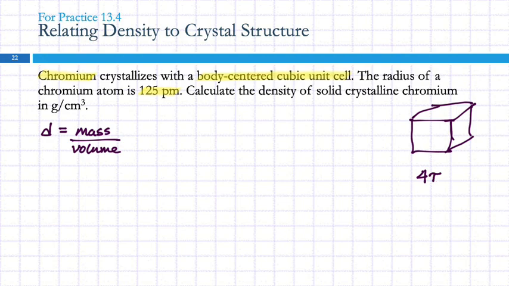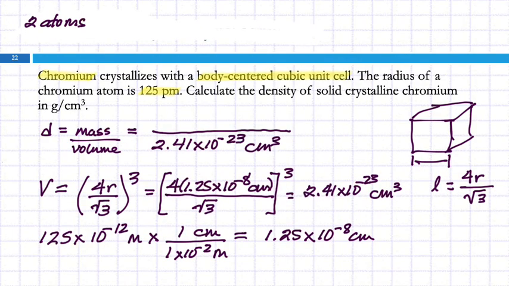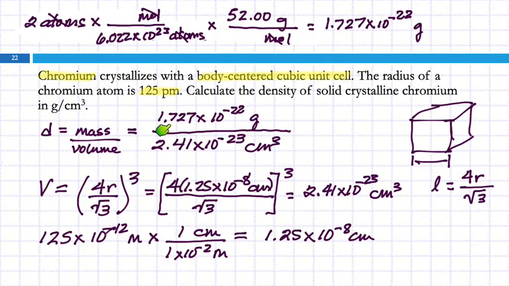That's not an arm. It kind of looks like an arm. It's not an arm. 4r over the square root of 3. That's our edge length, this right here. So the volume is that cubed. Again, so now we're going to take the numerator and divide by the denominator.